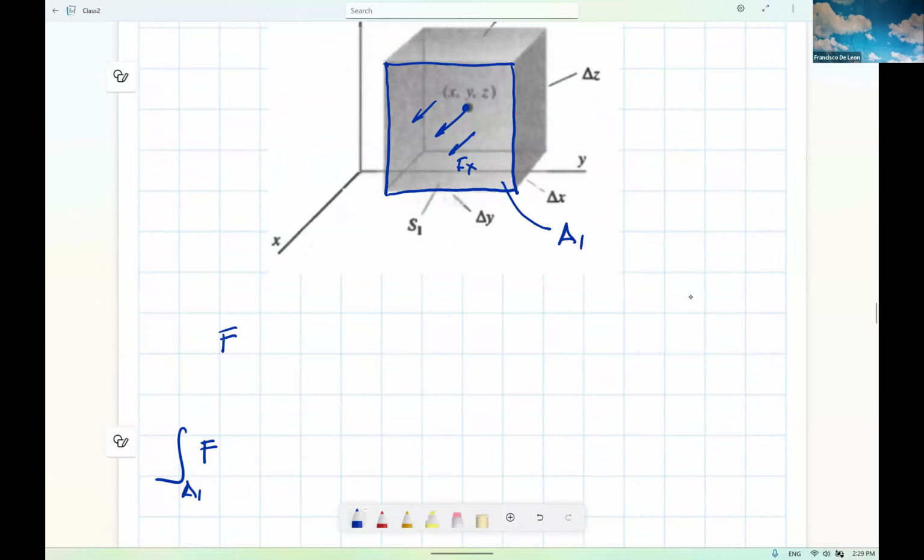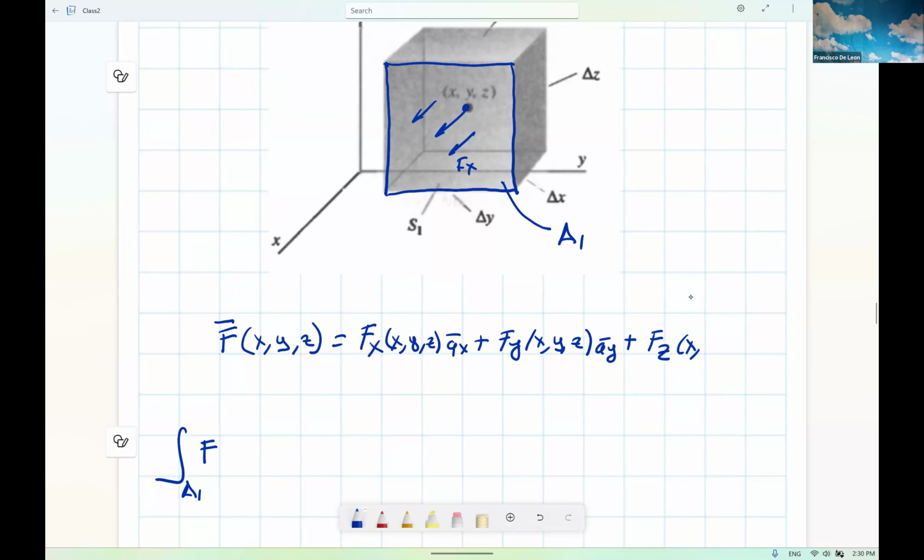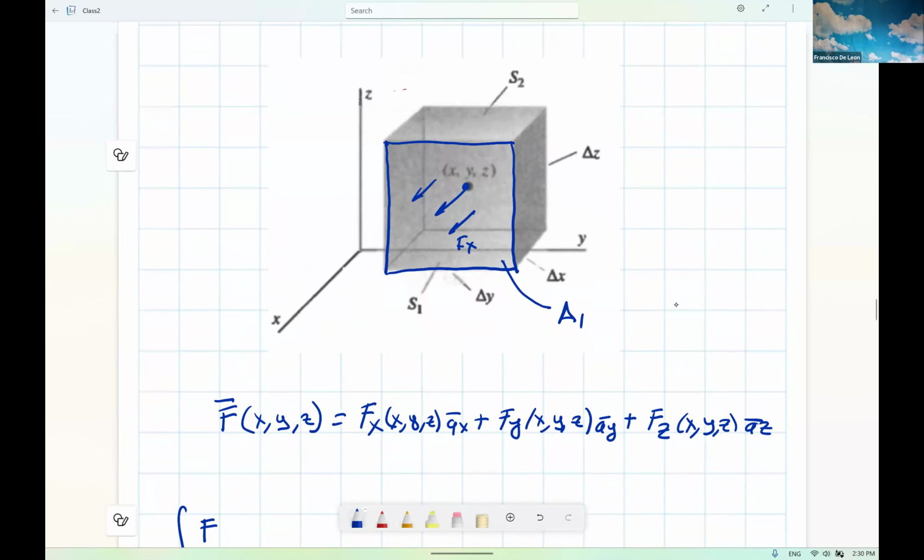The field vector will be a function of x, y, z. Let's not put it as a function of t. It will have 3 components: Fx, a function of x, y, z in the direction x, plus Fy of x, y, z in the direction y, and Fz of x, y, z in direction z.